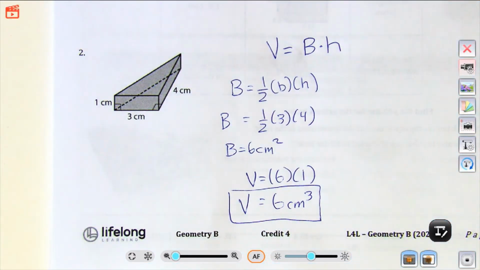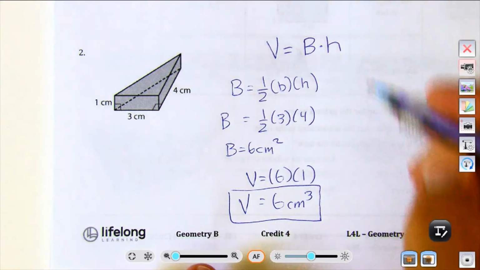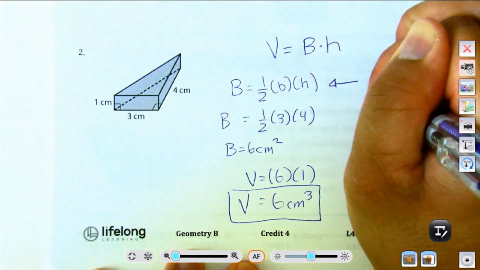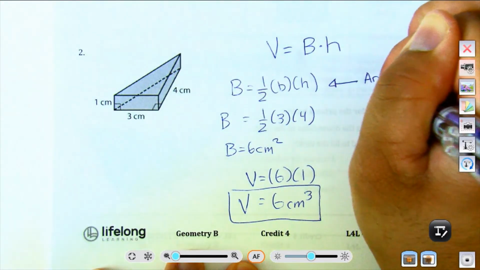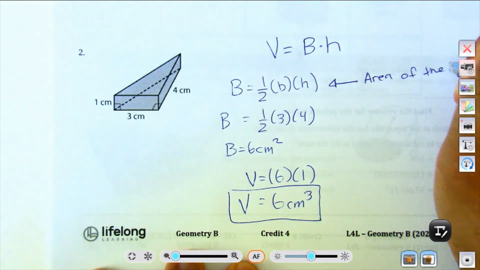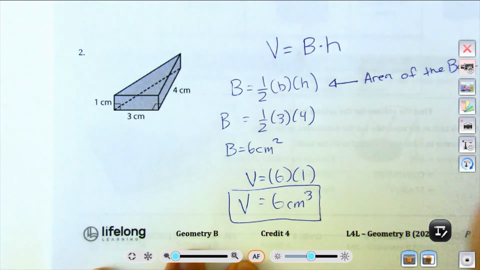And I just want to mention that this step right here was the area of the base formula, or the area of the triangle.